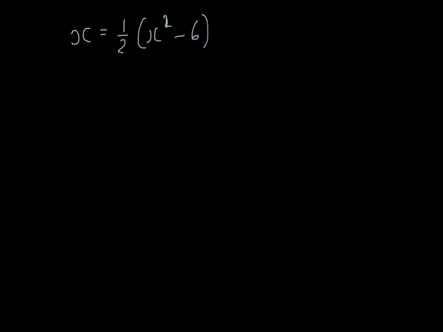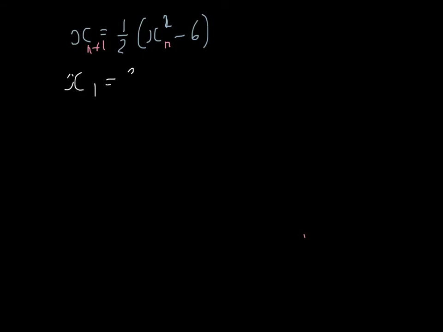Okay, and this is our third arrangement, so if we add our suffixes here, so we've got xn here and xn plus 1, so this time the formula is a half of the previous answer squared minus 6. So let's start again with x equals 3 and see what happens this time.